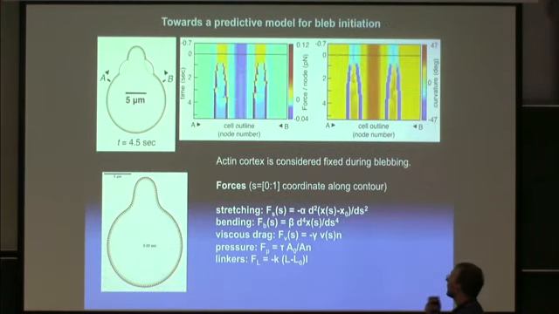So, yeah, this prompted us to come up with a biophysical model where we consider a membrane coupled to a cortex. These linkers here are not drawn to scale, so the cortex should be much closer to the membrane.